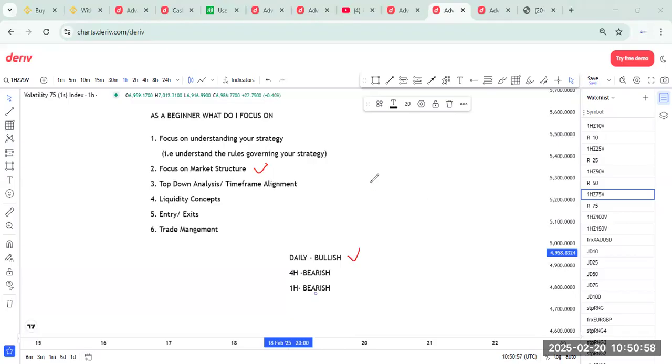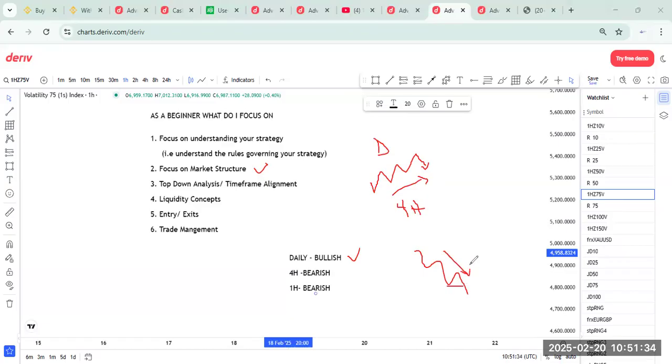So let's just say this is your daily time frame, which is bullish. Then you see markets coming down. This is your daily. Now on your 4-hour, you may see something like this, where it may be a break of structure here, which means that even though the daily is bullish, the 4-hour is still bearish.